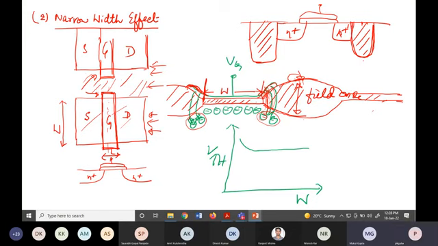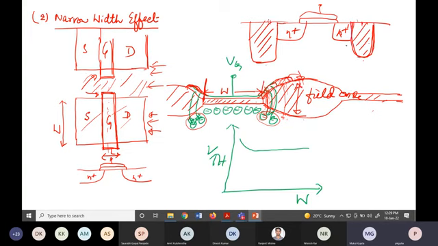This effect will decrease if this polysilicon goes up to this. Say, for the sake of drawing, if this polysilicon is up to this, the fringing field is very less, because here it is much thicker. So this problem is solved in case of trench isolation, because here it is very thick.